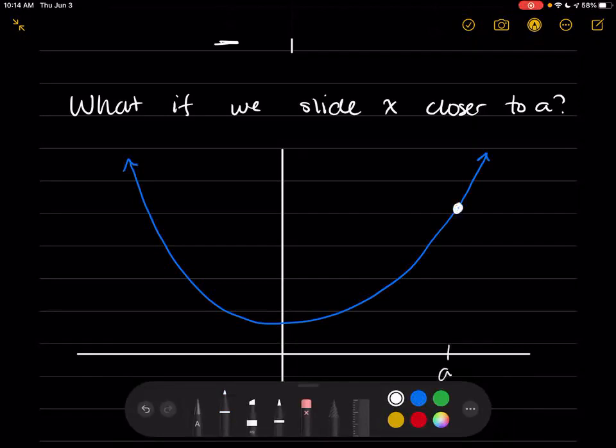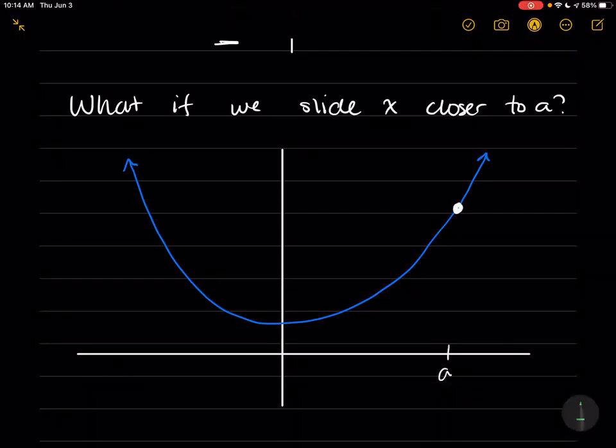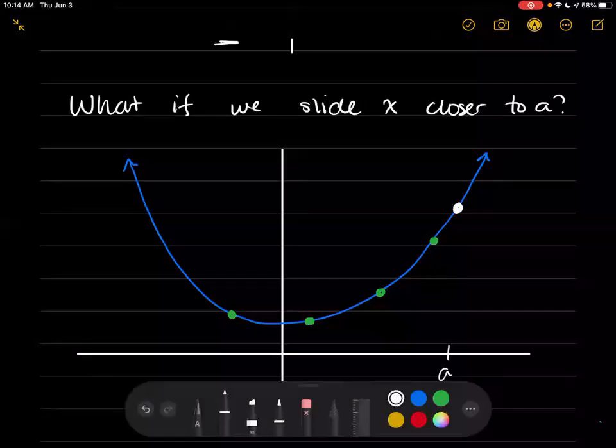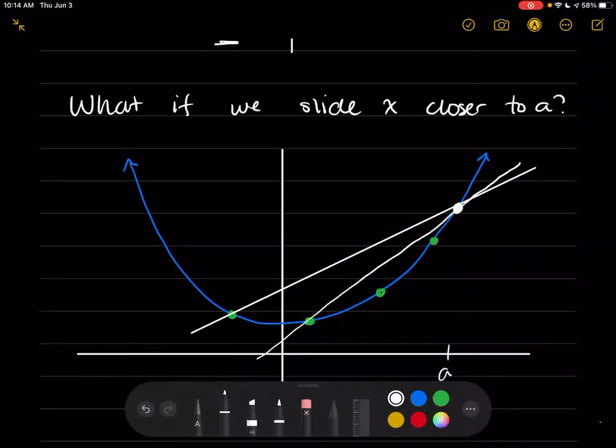So if we were to take x and sort of move it from where it was originally, kind of down the line, closer and closer to a. Let's see. Our first line kind of looks like this. Our second line kind of looks like this. And then maybe it gets like this. And then maybe it also does that.